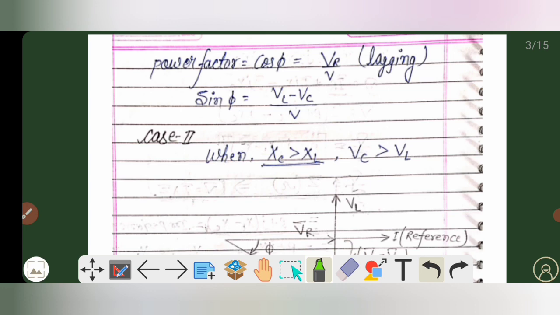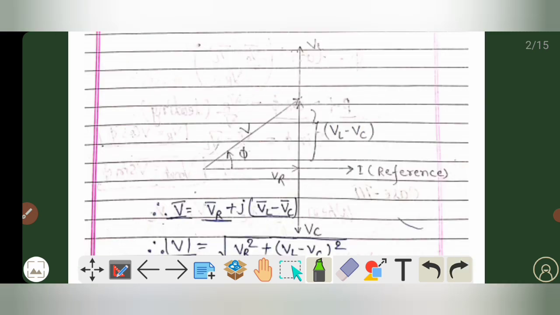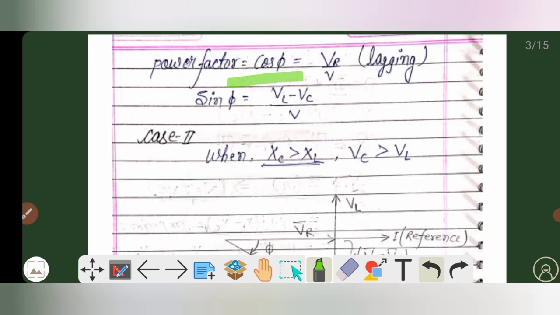Now we will calculate the value of cos phi from here. If you want to calculate cos phi, that will come out to be VR by V, as you can see here. So the value of cos phi is equal to VR by V. And from the phasor diagram, as we know, the voltage is leading the current by angle phi, which is less than 90 degrees, or we can say the current is lagging behind.